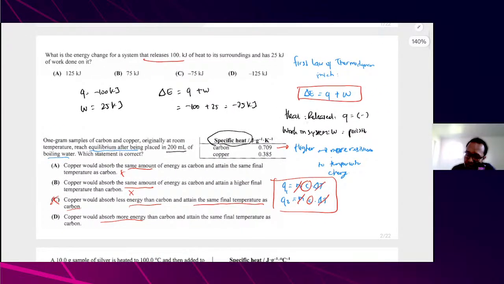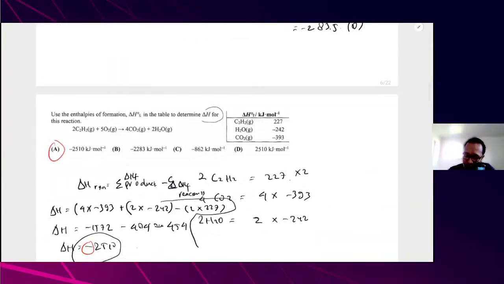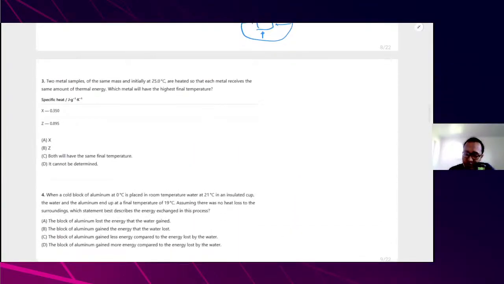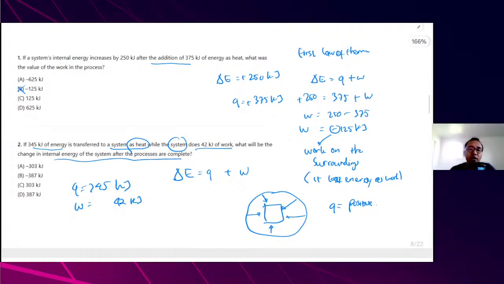In this case, Q is not released. The system captures heat, not releasing but gaining heat, so it will be positive.